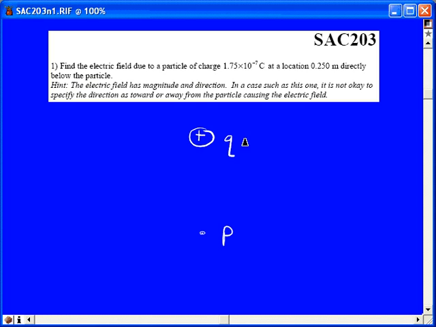The particle in question has a charge of 1.75 times 10 to the minus 7th coulombs. And I want to emphasize that this is the up direction, toward the sky.